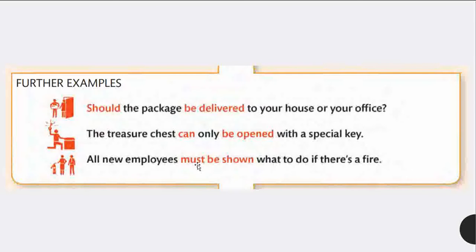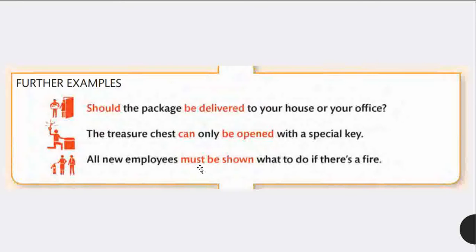All new employees must be shown what to do if there is a fire. Be shown is the action. Must is adding a tone with a lot of authority and stress. So must is the strongest of the modals. For example, may, should and must.